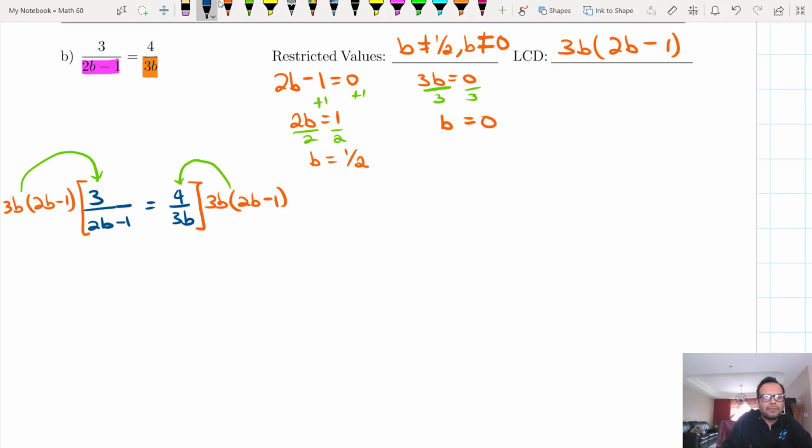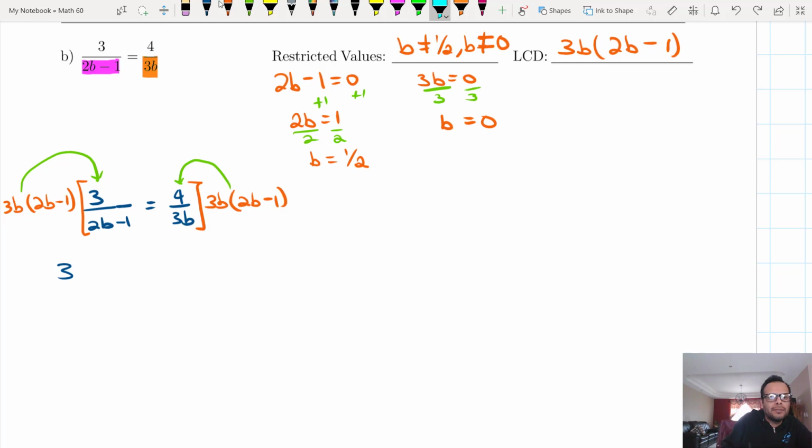We do the left hand side first, and then the right hand side afterwards. We multiply the quantity 3 times the LCD, highlighting the quantities I'm going to multiply together.